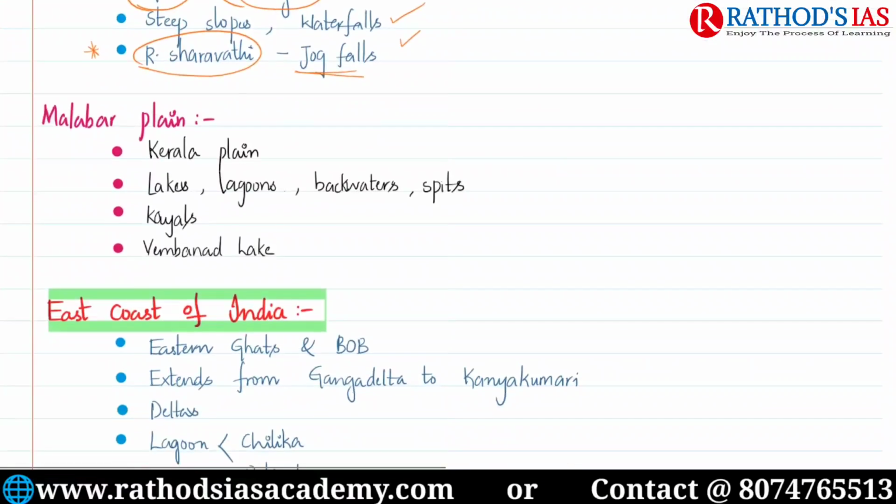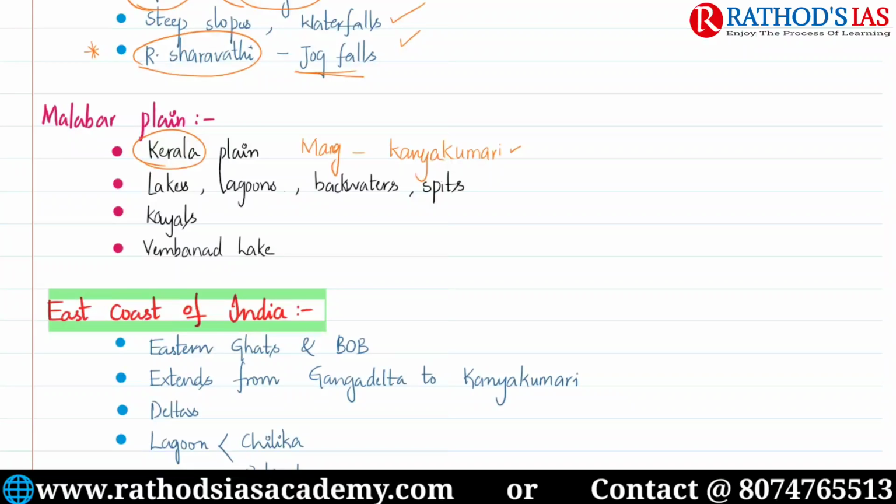And next one is about Malabar Plain. So this Malabar Plain is also called Kerala Plain. It is present between Mangalore and Kanyakumari. And it is much wider compared to that of Karnataka Plain.